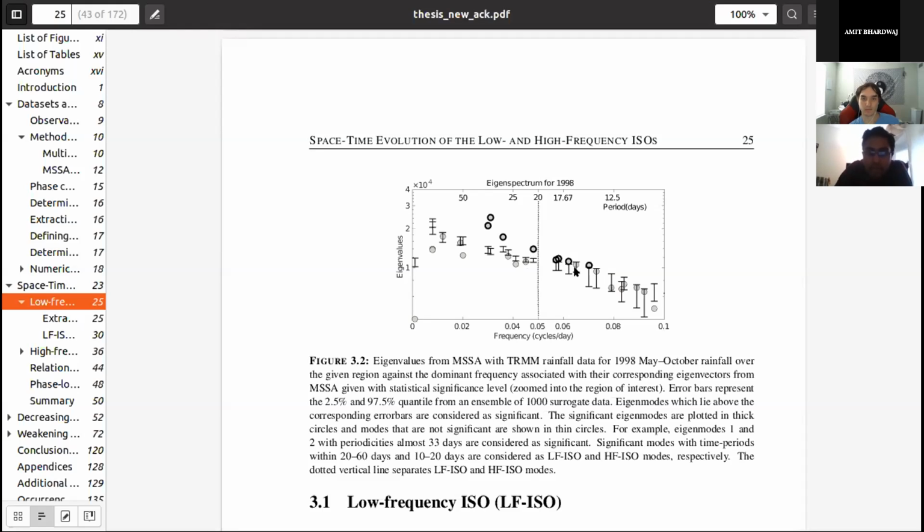So I looked into each of these modes. When you get a pair of modes, that's definitely going to be an oscillation, and there is no doubt about that. But single modes are very tricky to deal with. They may or may not have oscillatory behavior, but they are still significant.